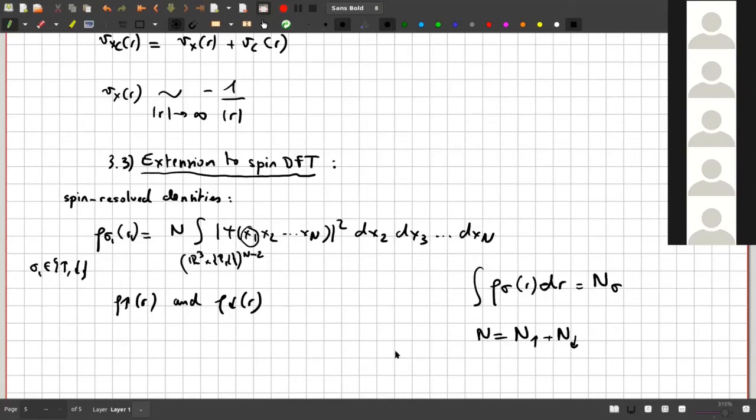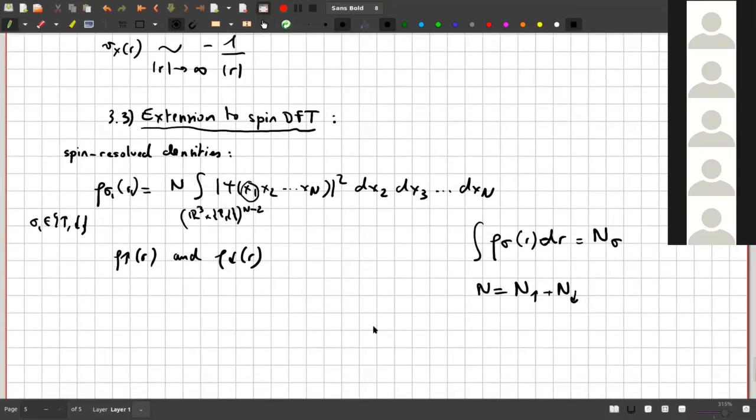If you have an external magnetic field, you need this extension because now the field will couple to the spin-resolved densities. If you have an open shell system, in principle, you don't need that. The theory that I have explained before is still exact for open shell systems. But in practice, it turns out that if we introduce spin-resolved densities, we can find better approximations for open shell systems. So in practice, when we deal with open shell systems, we use this spin DFT.